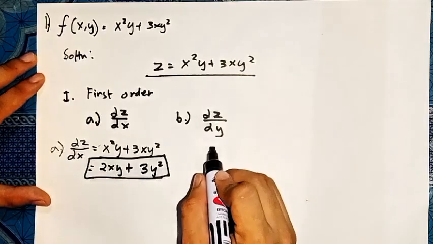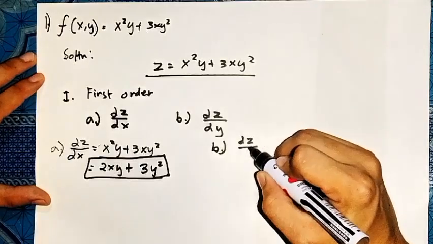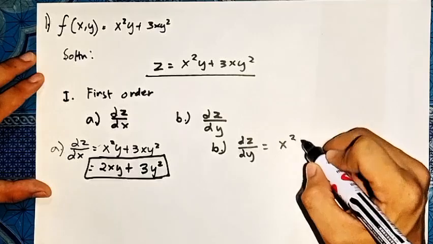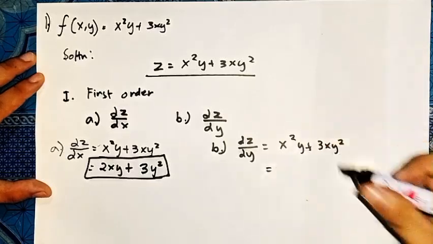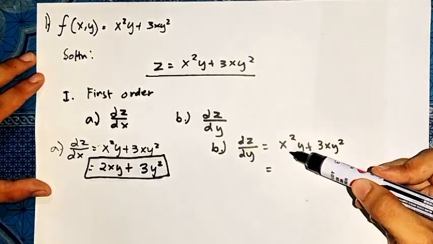Now how about our b? Partial derivative of z with respect to y. Let's copy our function, x squared y plus 3xy squared. Since we are deriving this equation with respect to y, we will let x be constant.